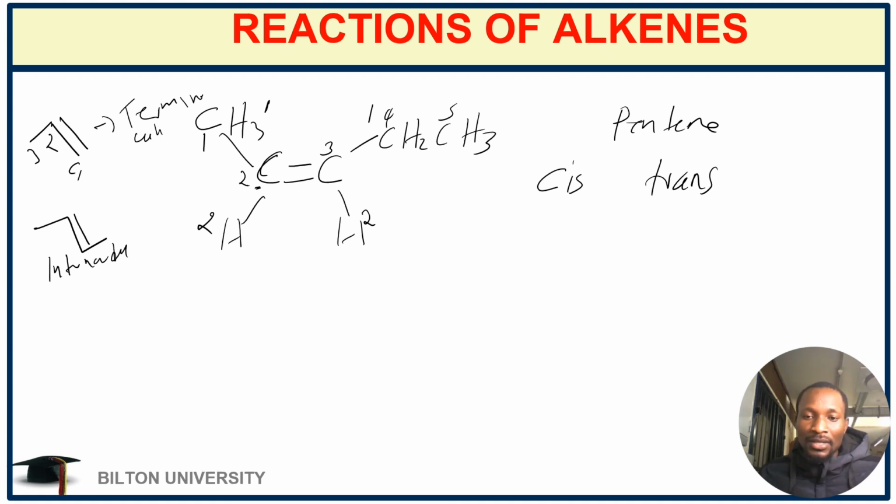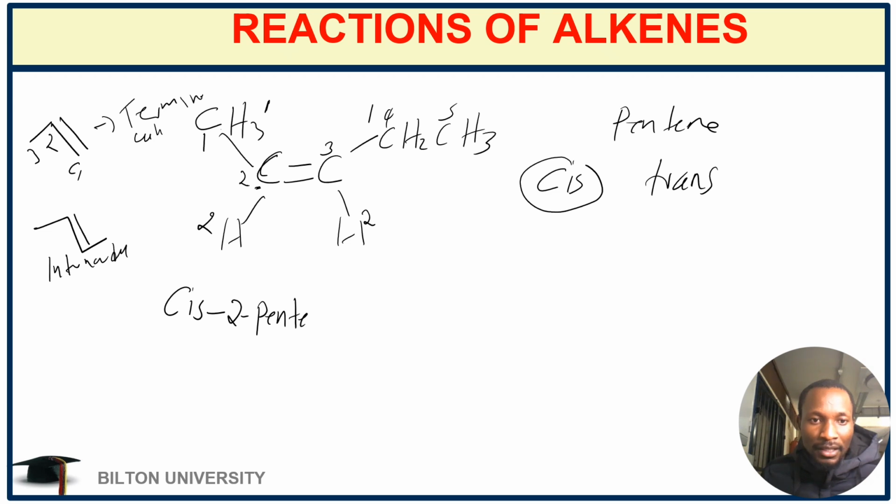The 2 alkyl groups are sitting on the same side, and that's going to give us what we call cis. So when we're naming this, 1, 2, 3, 4, 5, then we can say the double bond is on carbon number 2, and then we can say cis-2-pentene, cis-2-pentene.